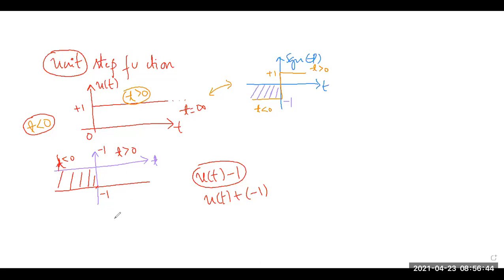In our result, if I call this y of t equal to u of t minus 1, I get this part because of the -1. For t greater than 0, this has -1 amplitude whereas the unit step function has +1 value, so they cancel out and we end up with a horizontal line overlapping the time axis.